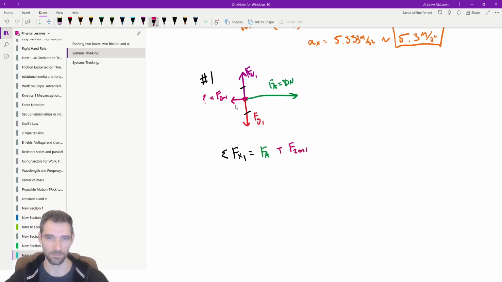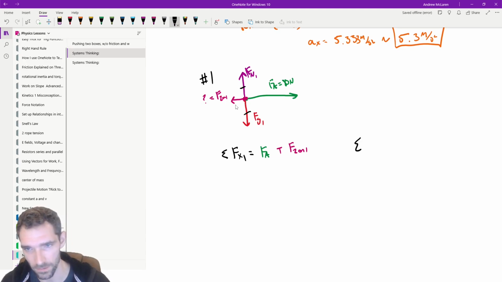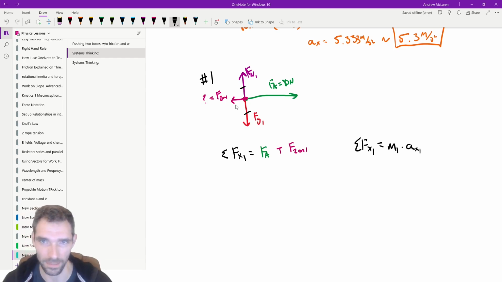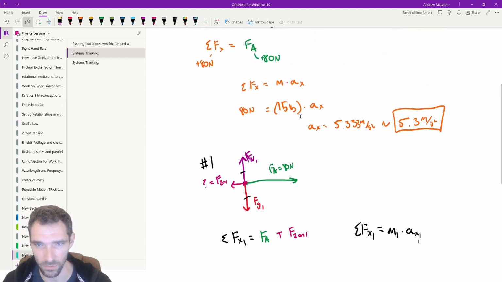Because there's some contact between those two things, that box has to be pushing back on it just a little bit at least. And we can look at the sum of forces for box 1 by looking at its mass 1 times the acceleration, which is the same as this other acceleration. If these things are moving together as a system, then they should be having the same acceleration value.